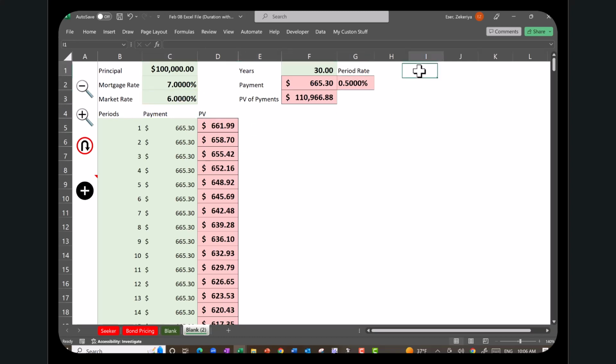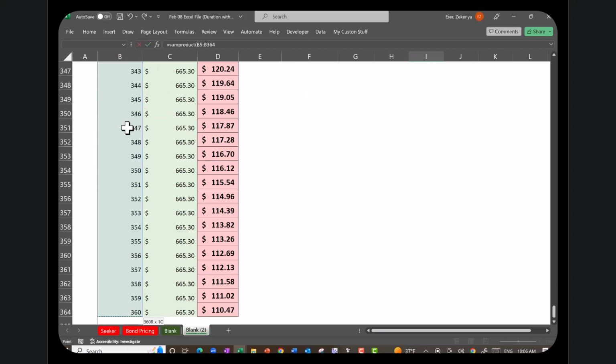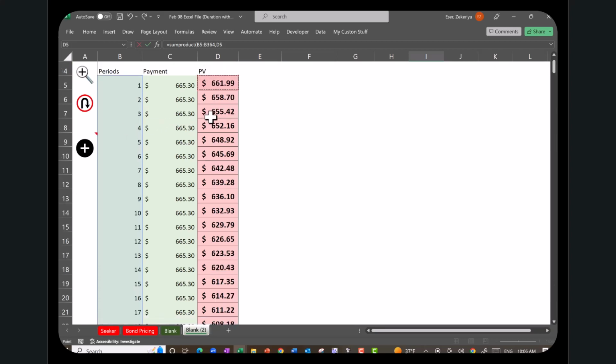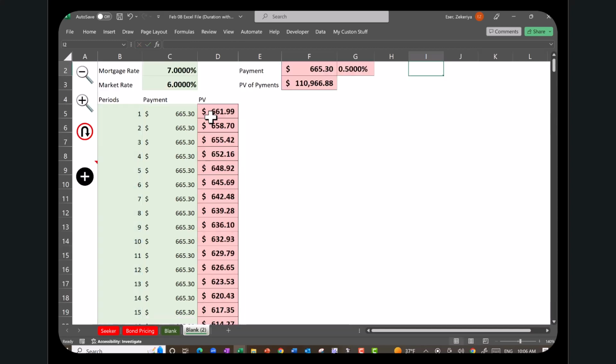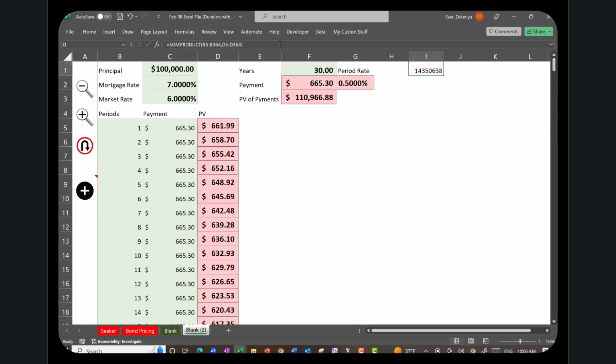I could calculate duration directly, but I'm going to end up writing a code. First, let's calculate Macaulay duration, which is the sum product of the periods with the PV, and I'm going to divide that by the PV of payments.